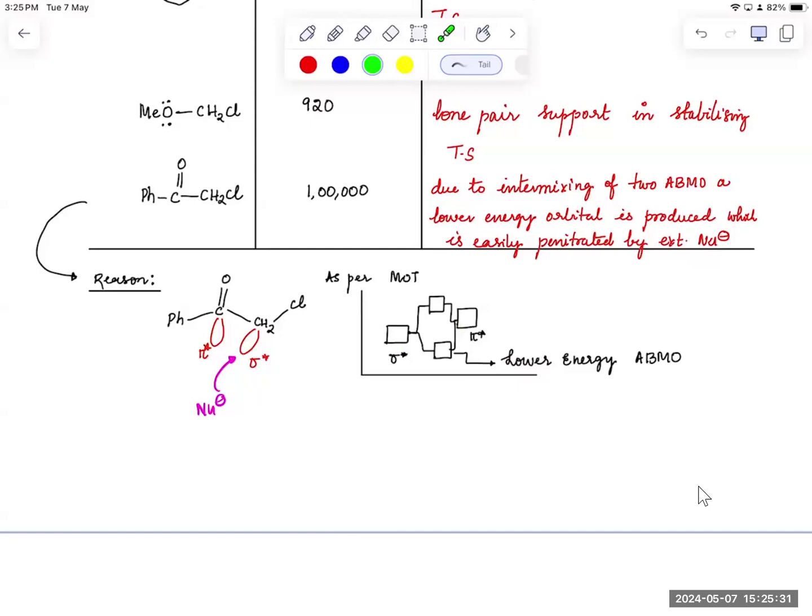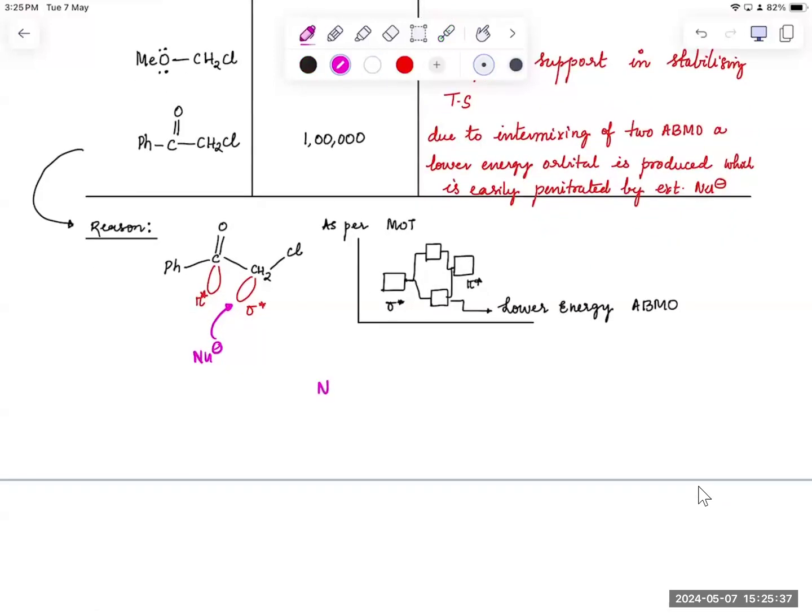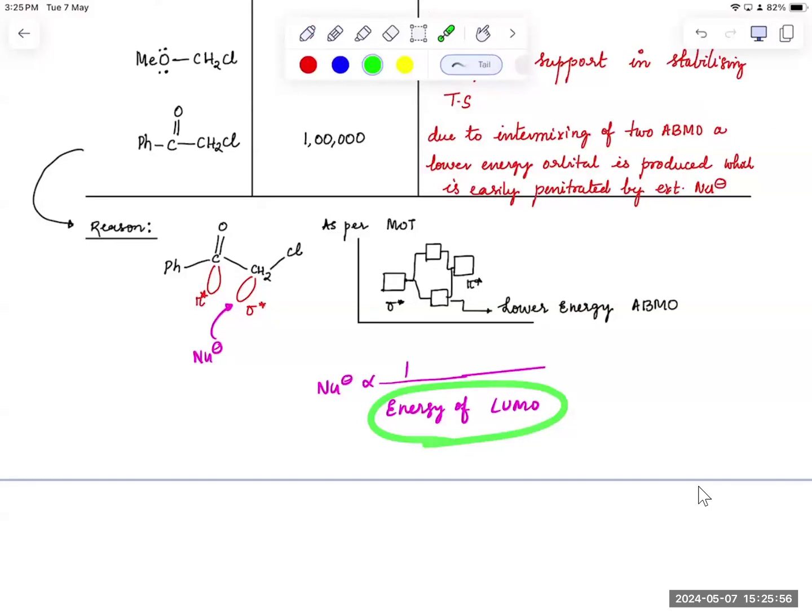And remember, when there is a lower energy space, the nucleophile will attack the fastest. So remember, nucleophilic strength will always be inversely proportional to the energy of the LUMO orbitals. LUMO is the lowest unoccupied molecular orbital. So the lesser the energy of LUMO orbitals, the more is the nucleophilic strength, and the more easily the nucleophile can attack.